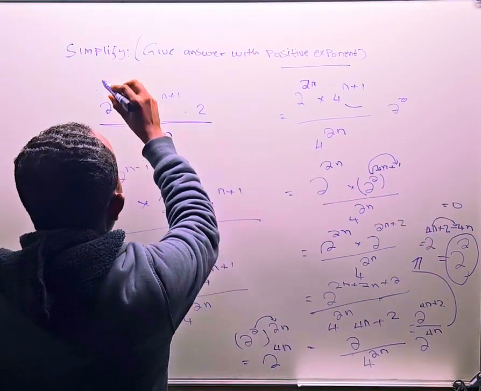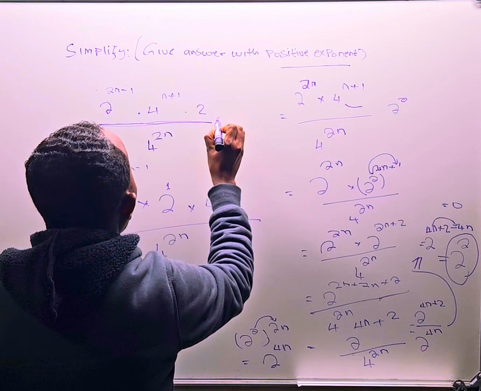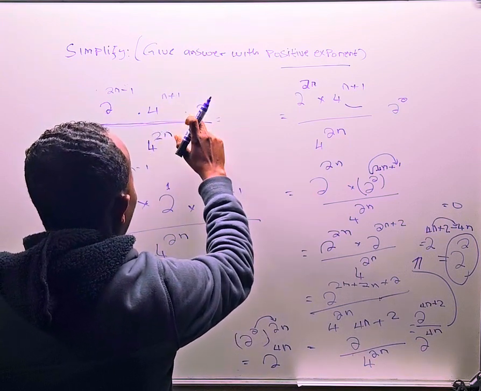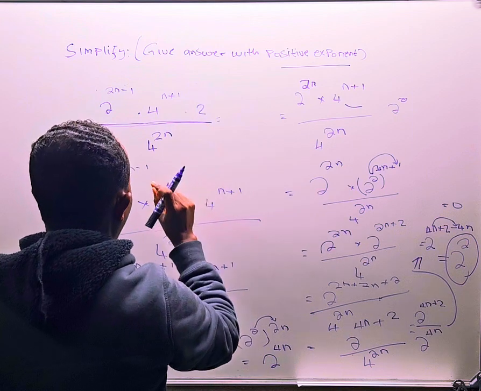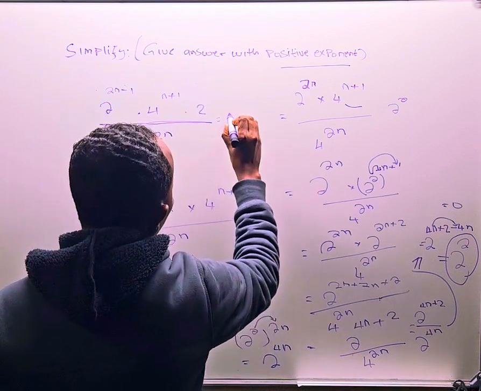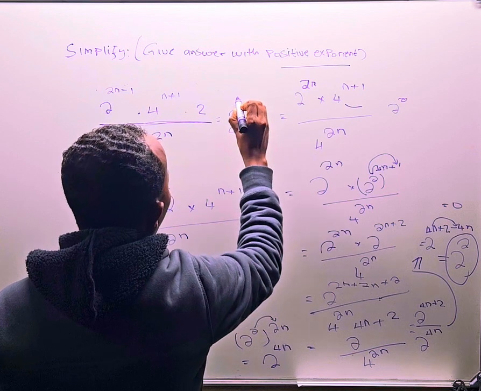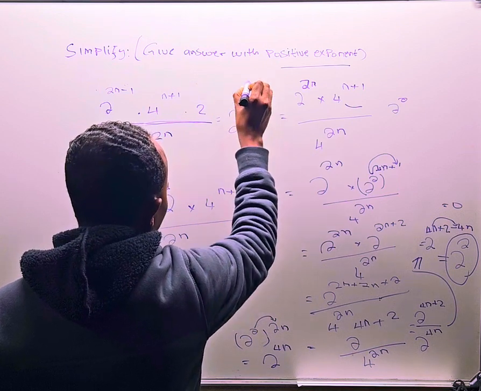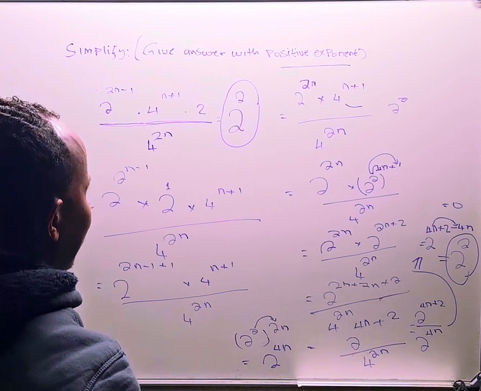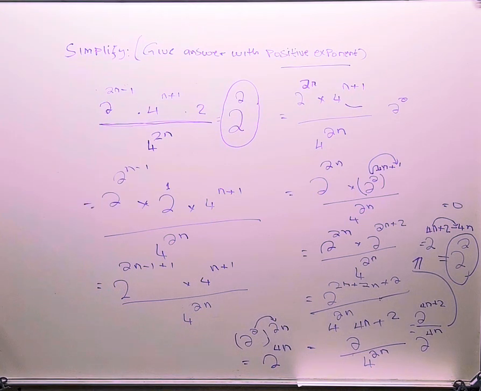Therefore, 2 to the power of 2n minus 1, times 4 to the power of n plus 1, times 2 to the power of 1, over 4 to the power of 2n equals 2 to the power of 2. I just circle it to make it clear. That's my final answer. Thanks. Hope it did make sense.